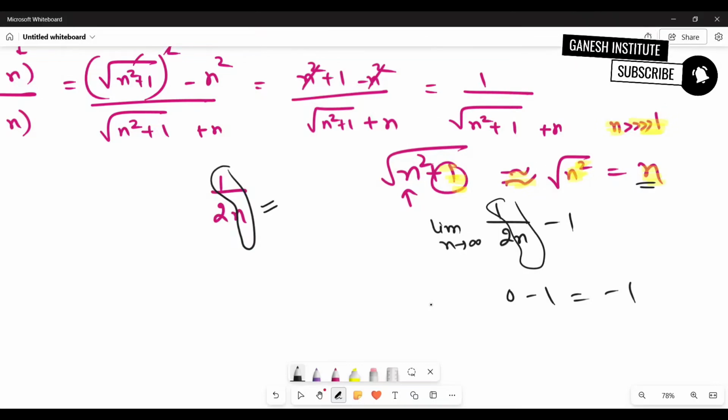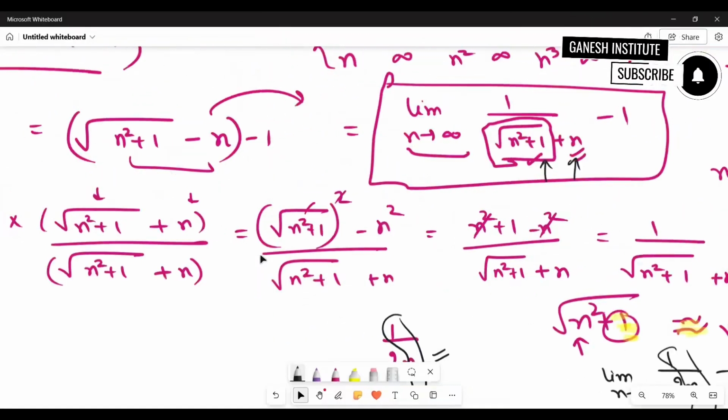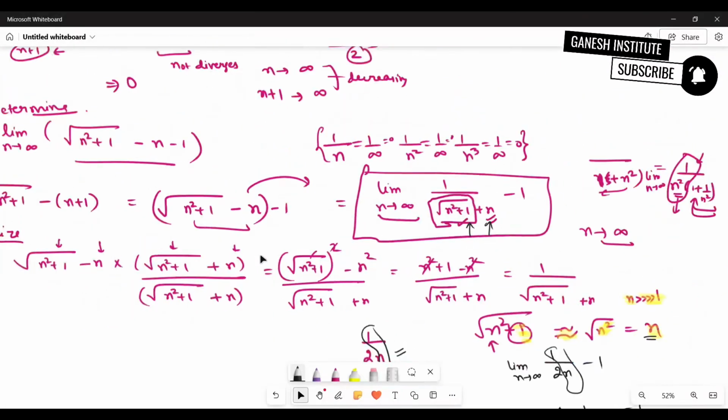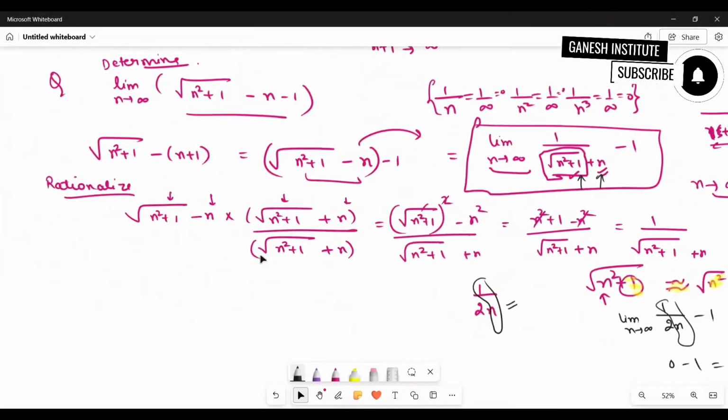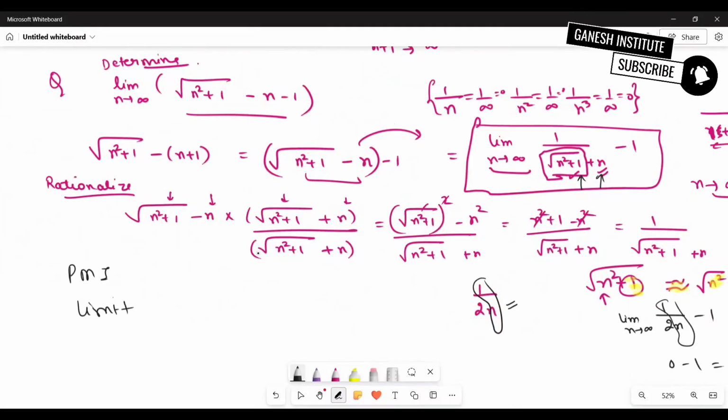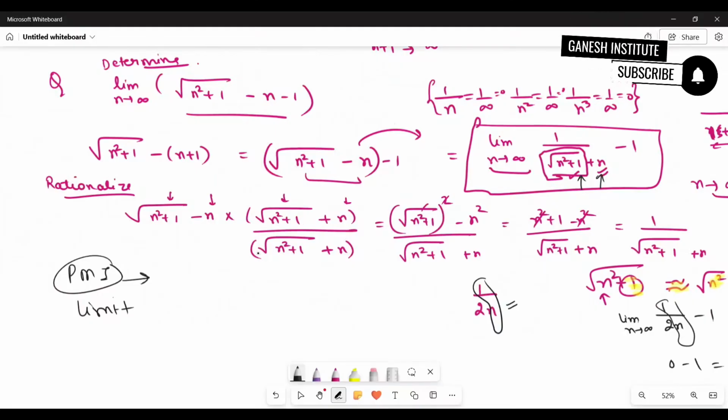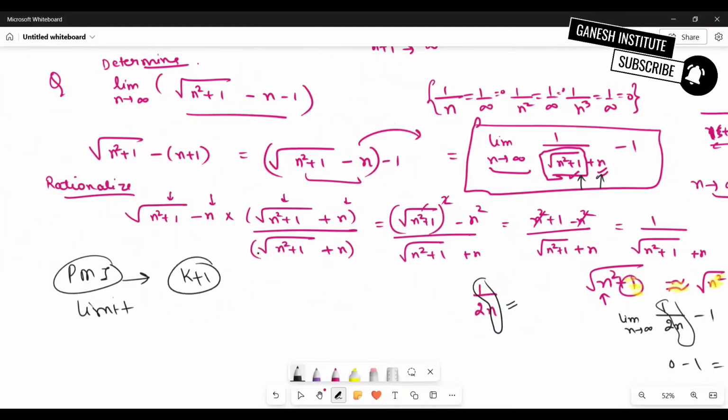So this was literally critical to think about rationalization. If you want to think whether it is PMI or this limit question, the trick is for PMI, you have to make the k plus 1 in such a manner. For example, it was 7 times something, so try to make it 7 form.